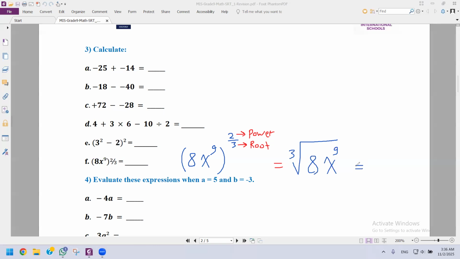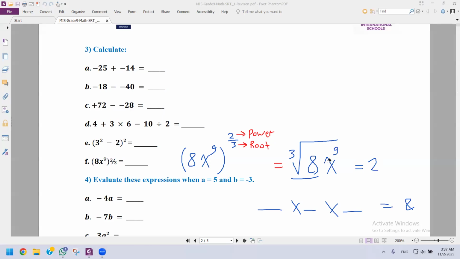And then write equal to. So first, what's the cube root of 8? What does cube root mean? We talked about it in the first question. It means a number times itself three times to give me 8. What's that number? It's 2. 2 times 2 times 2 is 8.